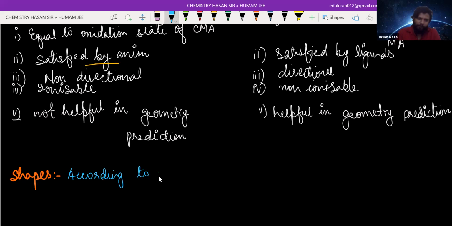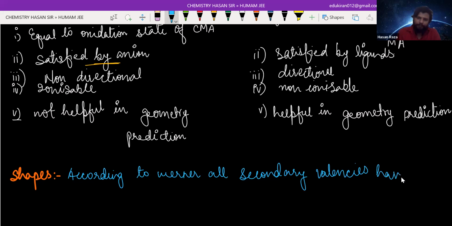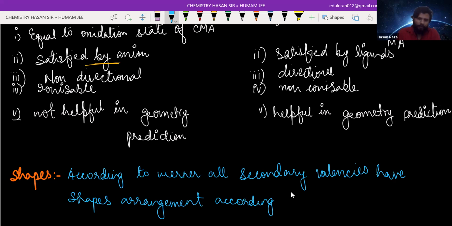According to Werner, all secondary valencies have shapes, arrangement according to coordination number.